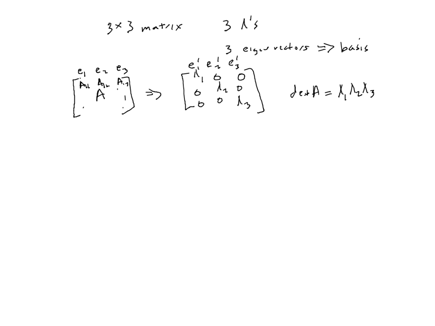So what we can do then, and the way we can see that this works, is that let's say we have a linear operator acting on some basis vector, and that gives you lambda I times that basis vector.